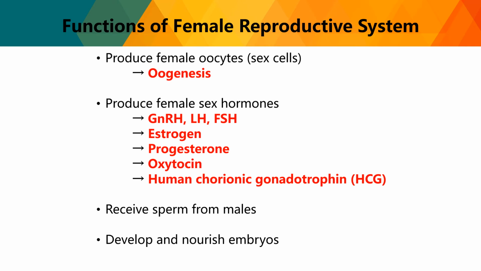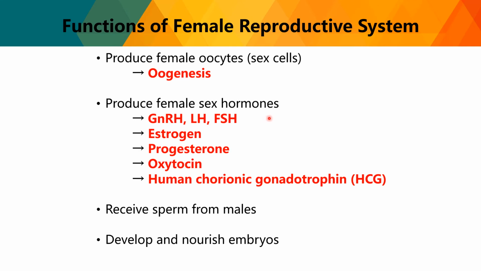So the function of the female reproductive system again is actually to produce female oocytes or the female sex cells under the process of what we call oogenesis. So in here, the female sex hormones being released are GnRH, or the gonadotropin-releasing hormone. You also have the luteinizing hormone, the follicle-stimulating hormone.